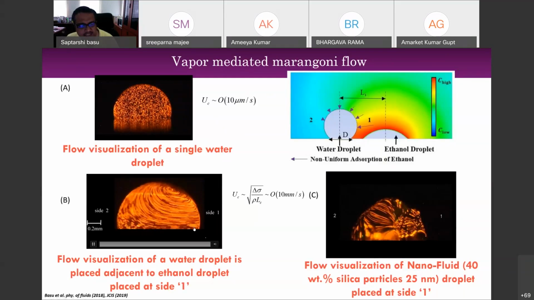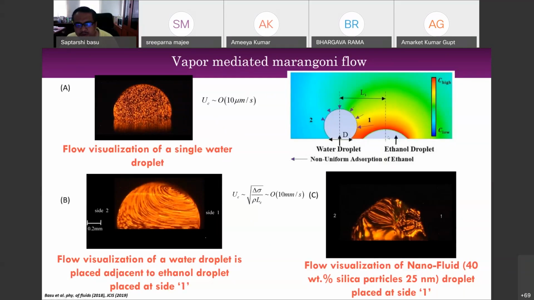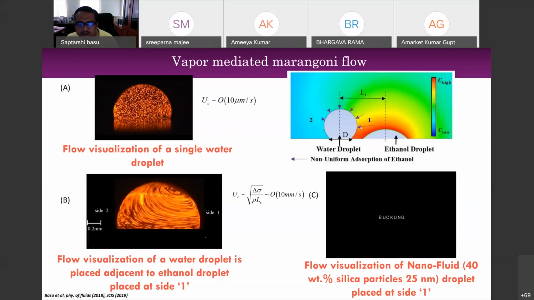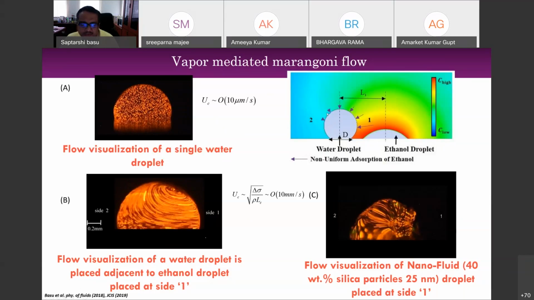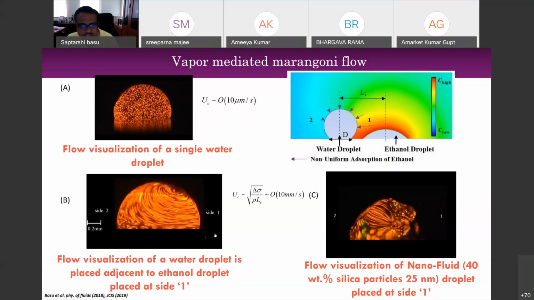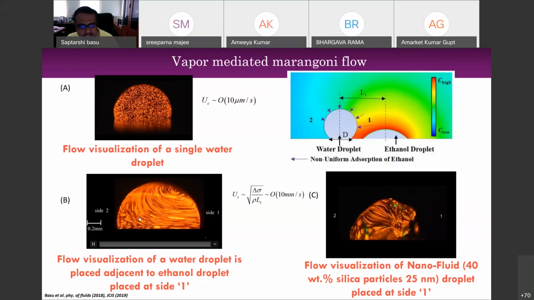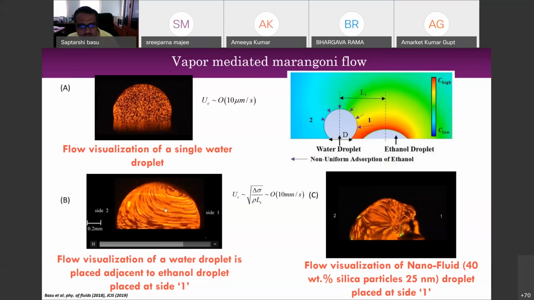On the other hand, if I put, for example, an ethanol droplet beside a water droplet, the vapor from the ethanol gets asymmetrically absorbed on the water surface. It is more on this side and less on this side. It creates a surface tension gradient. You get an augmentation in the flow field, which you can see from this very strong rotation.